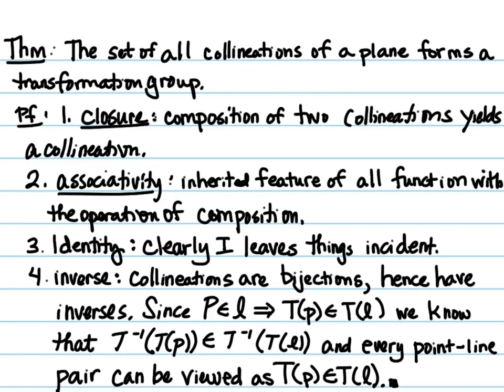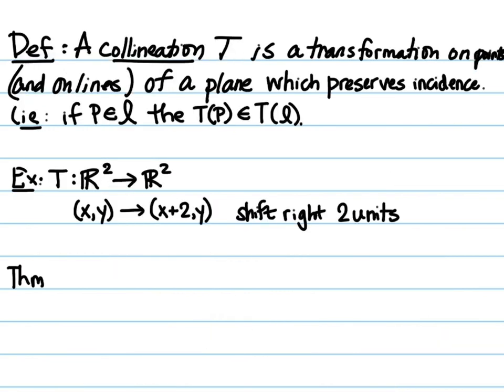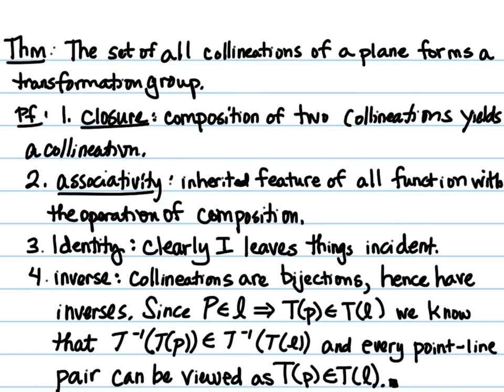All right, so collineations preserve incidence, right? That's what we defined them to be. If we get a little more specific about preserving other features, we actually have automorphisms.